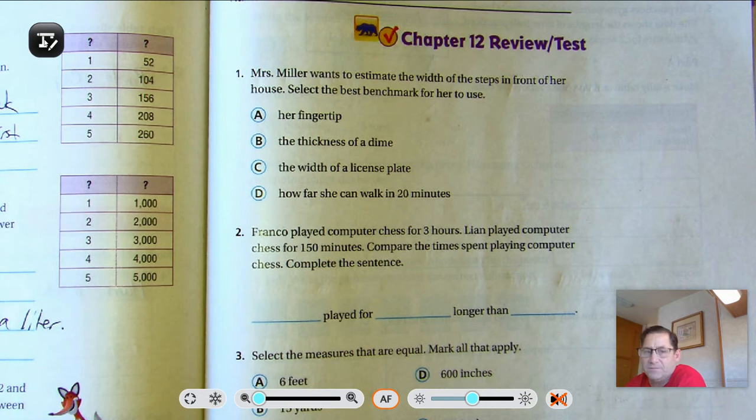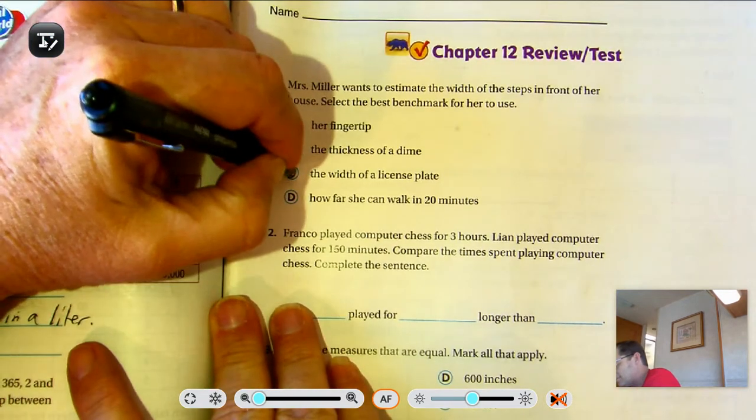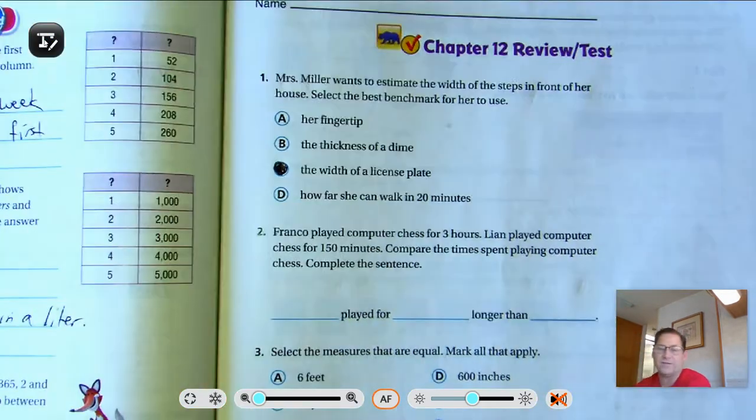Because we're stepping on them. Thickness of a dime? And the width of a license plate. That's about right. The size of a license plate? How far she can walk in 20 minutes? Oh my goodness, no. The steps aren't going to be that wide. The best answer has got to be the width of a license plate.